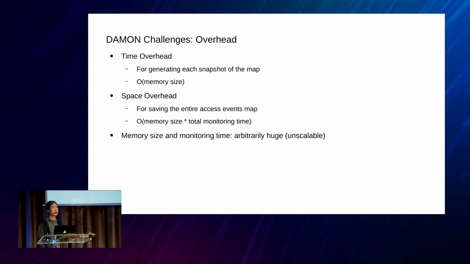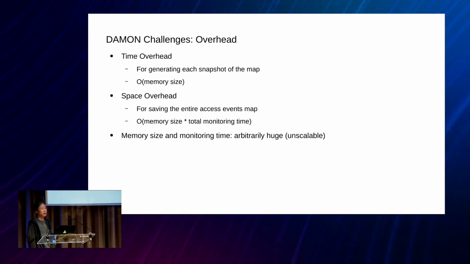And what would be the challenge? That is the overhead. For generating each snapshot of the map, we have a time overhead proportional to the size of the memory to monitor. And for saving the entire access event map somewhere, we have a space overhead proportional to memory size multiplied by the total monitoring time.